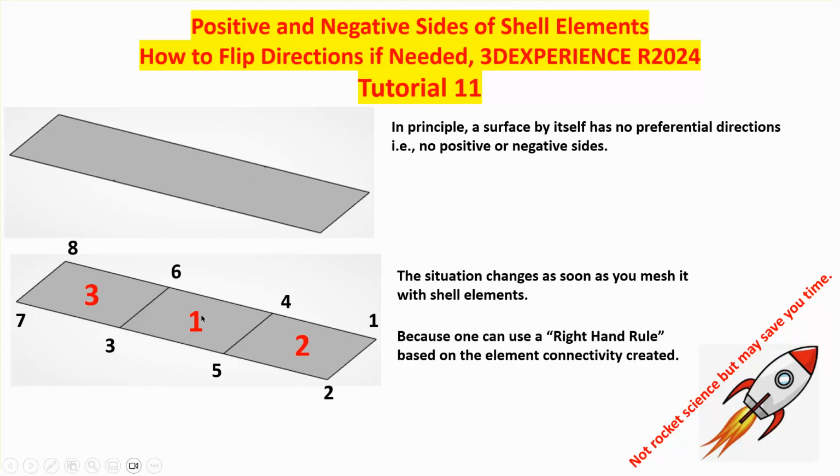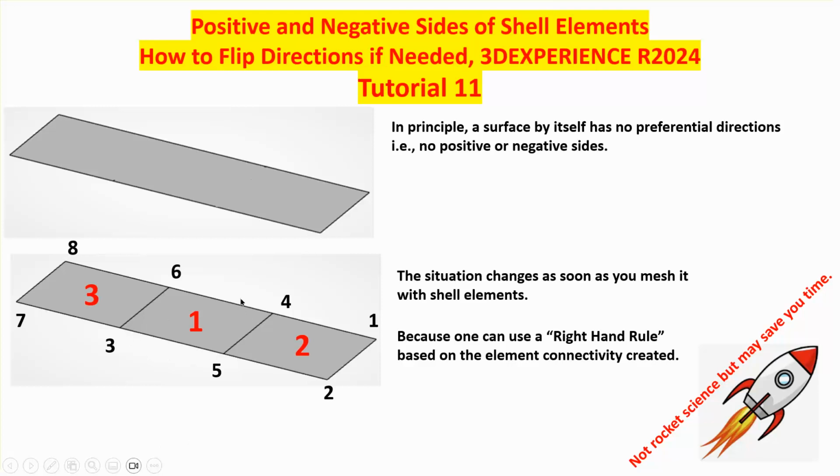When you create an element, you tell the software what the nodes of that element are. For example, if you look at element number 1, you can say the nodes are 6354, or 4635, 5463, etc. As soon as you do that, this is called the connectivity of the element, or connectivity table.